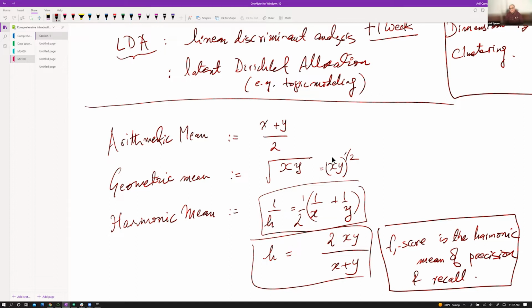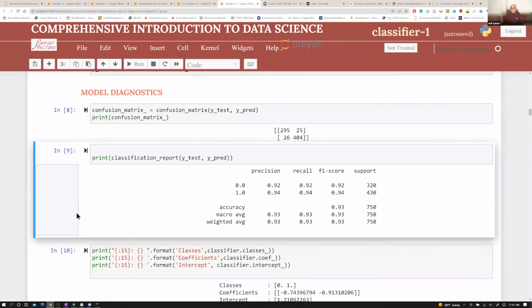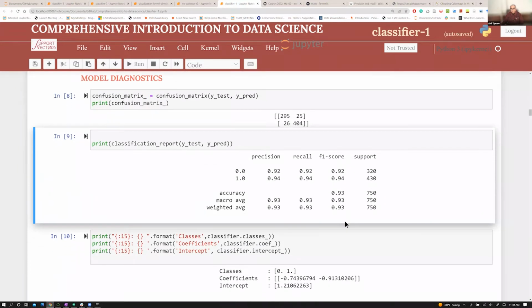So when you don't particularly want to emphasize one or the other, train your algorithm to optimize on the harmonic mean. Here the F1 score for both zeros and ones is pretty good, 92, 94, close to them. Weighted average is 93, doing pretty well. Precision and recalls are all 93. It means that this classifier is doing pretty good.